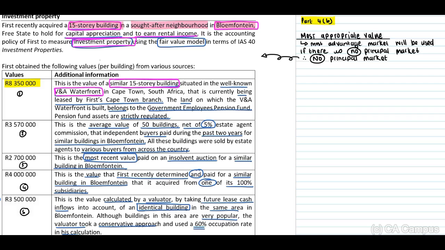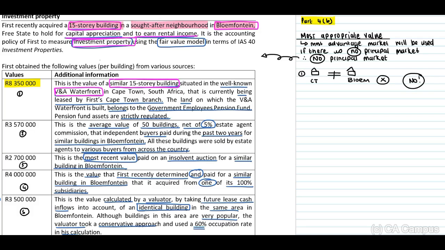Therefore, from a characteristic point of view, if you look at this, we cannot compare this building, which is situated in Cape Town, with a building which is situated in Bloem. This is not the same, guys. Therefore, I do not think that this will be your most appropriate amount. Therefore, no, this will not be the most appropriate amount.